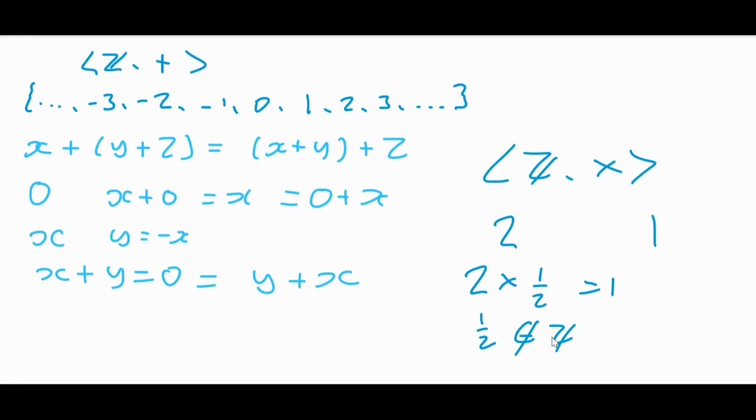Okay, so we can't find an inverse in the integers. The integers with respect to multiplication is not a group, and if you do get a question asking you to show something that's not a group, you only have to prove that one of the axioms doesn't hold. To be a group, you have to satisfy all four of the axioms.